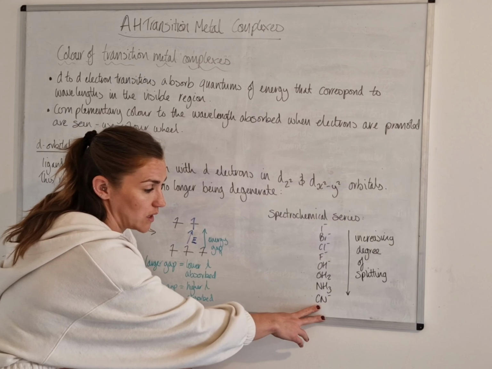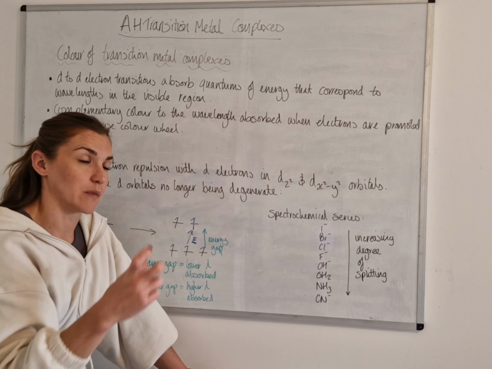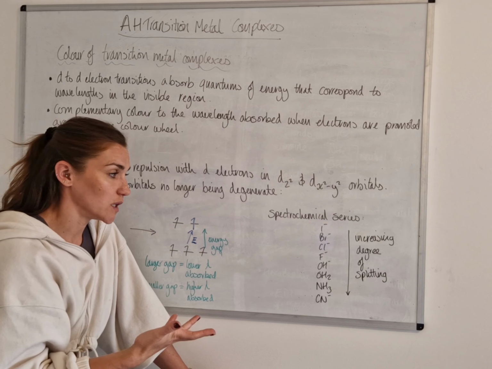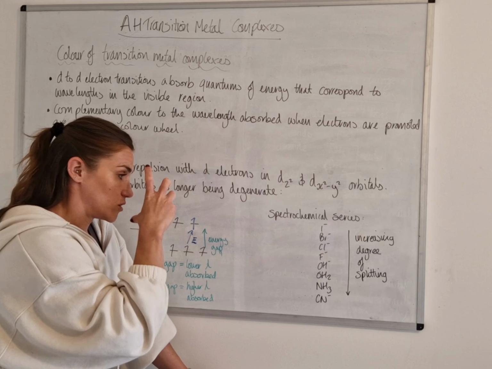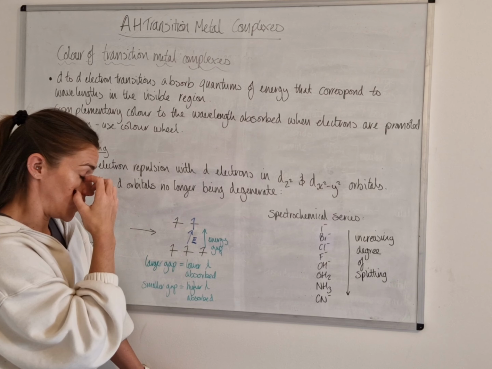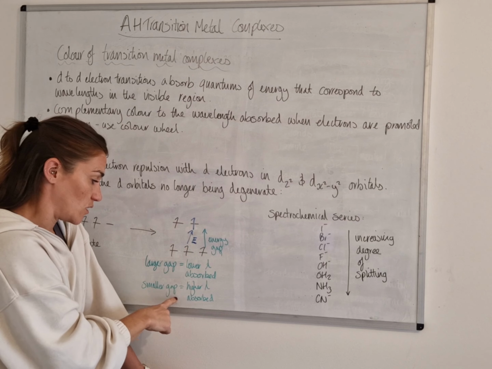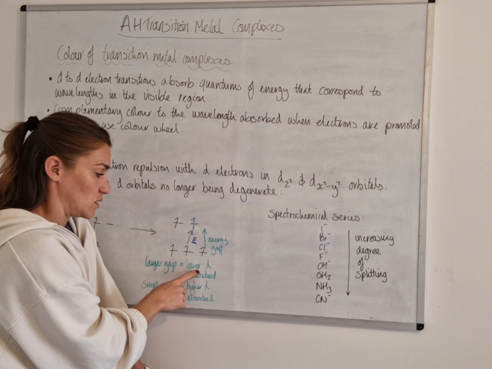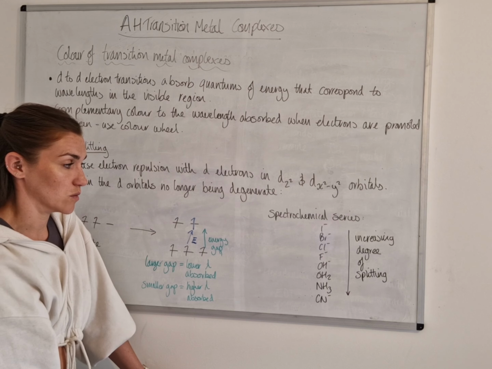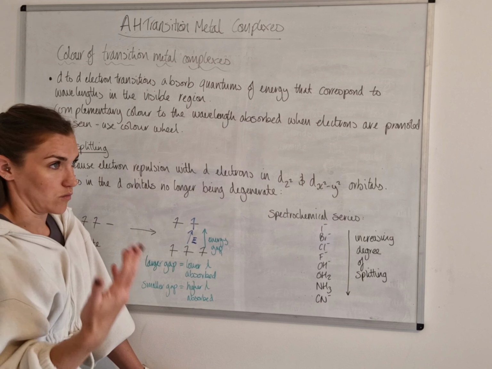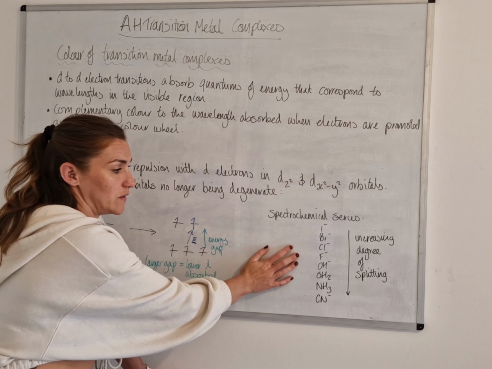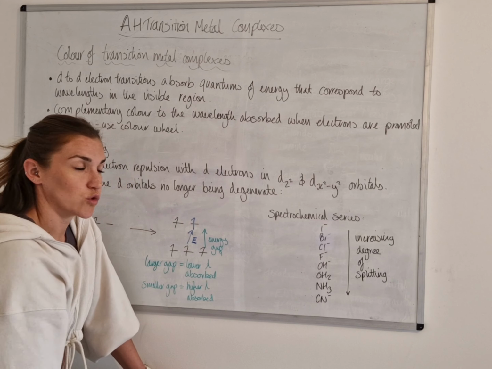The cyanide ligand causes the biggest amount of splitting, which means that if the complex has those ligands in it, you would expect a really large energy gap between the non-degenerate d orbitals, and therefore lower wavelengths of light being absorbed, and therefore the complementary colour would be observed. So just try to vaguely remember which ones cause more splitting than others.